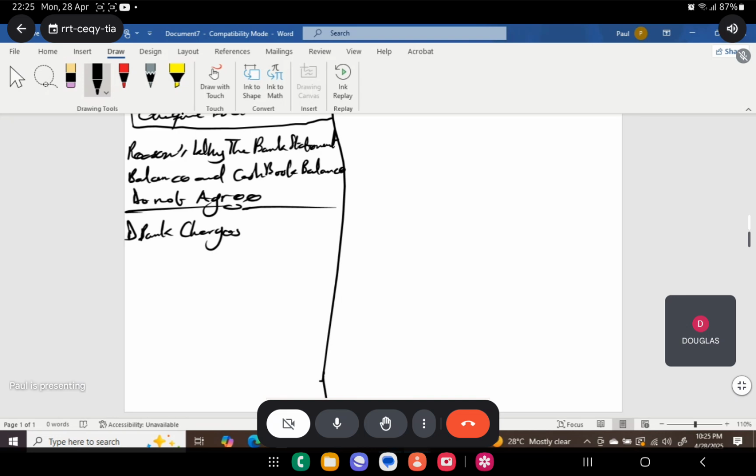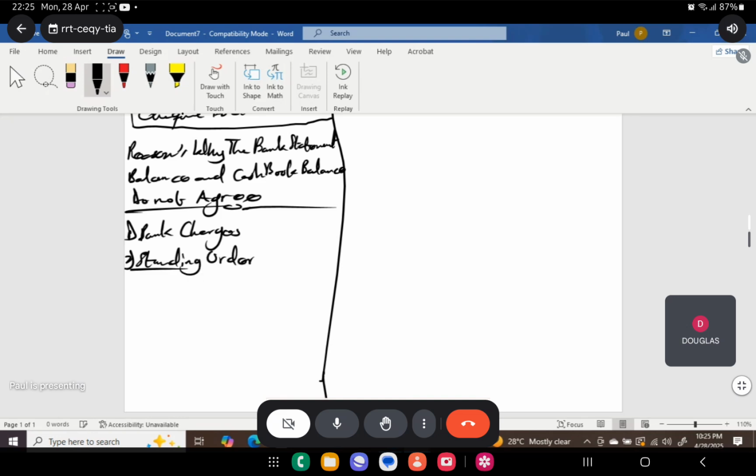So when you receive the bank statement, you would have to subtract it from your cash book, because it has already been deducted from your bank balance. Please, you understand? So this one too can make your bank statement and the cash book not to agree. Second one is a standing order.